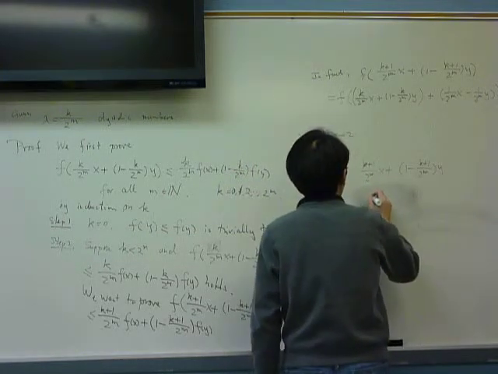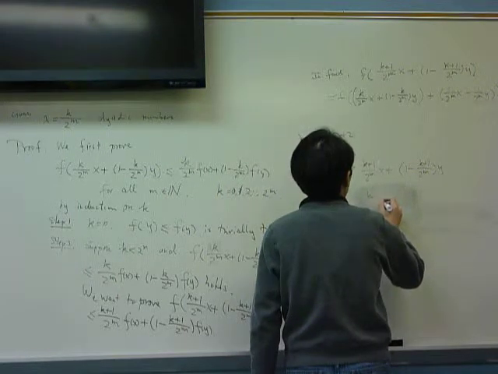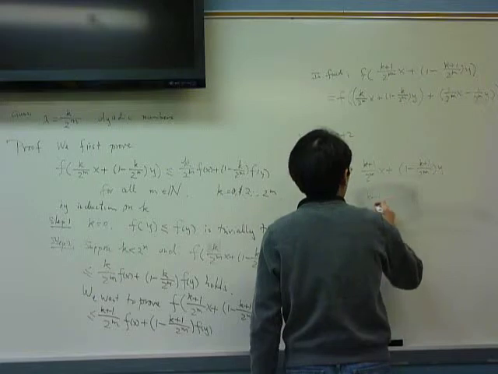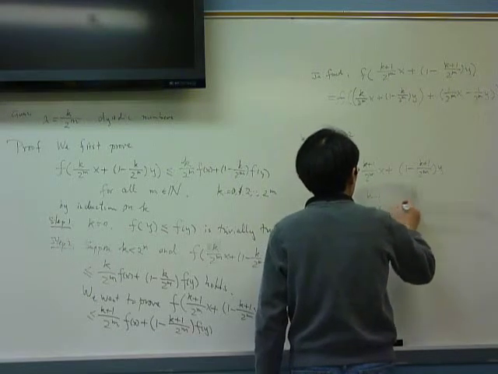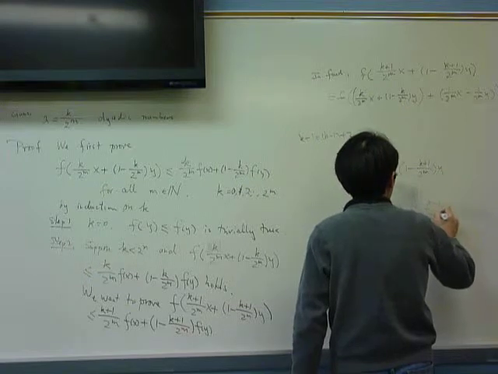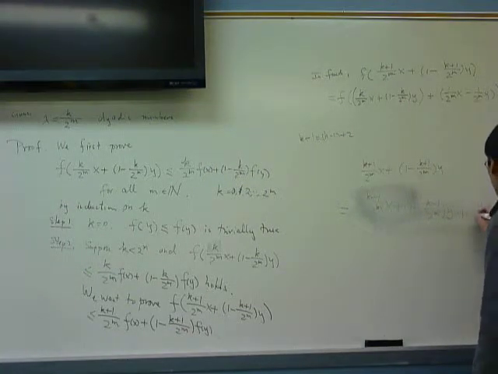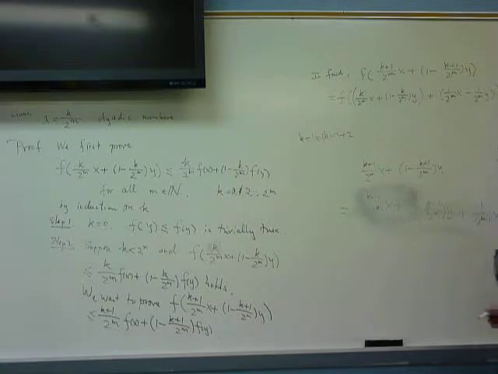So I write this as k minus 1 over 2 to the m x plus 1 minus k minus 1 over 2 to the m y, and then plus this 1 over 2 to the m minus 1 x minus 1 over 2 to the m minus 1 y.